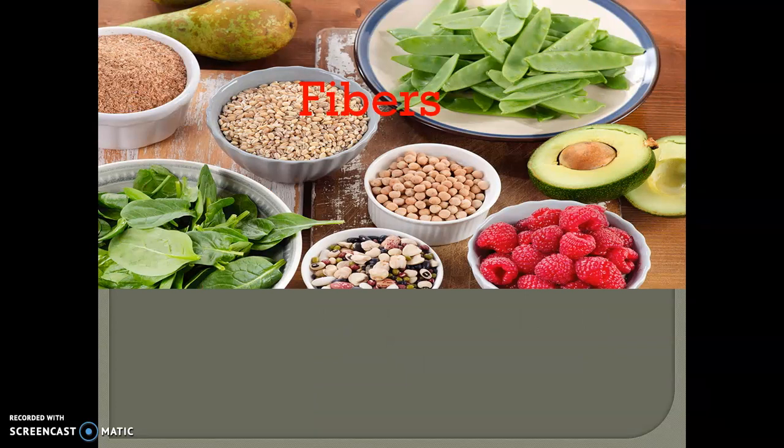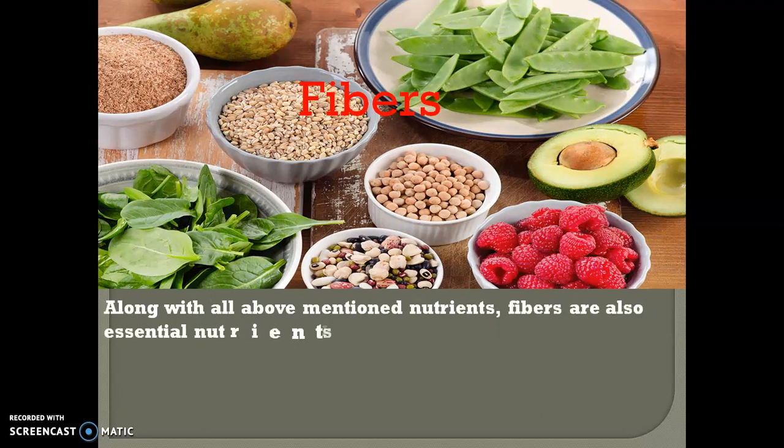And coming to the last one, that is fibers. Fibers we obtain basically from fruits and mainly green leafy vegetables. I know you all are very bored of eating these green leafy vegetables, but see the importance of fiber. Along with all the above mentioned nutrients, fibers are also essential.